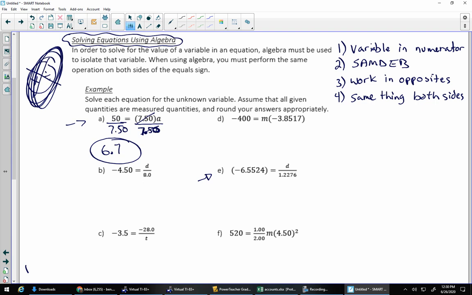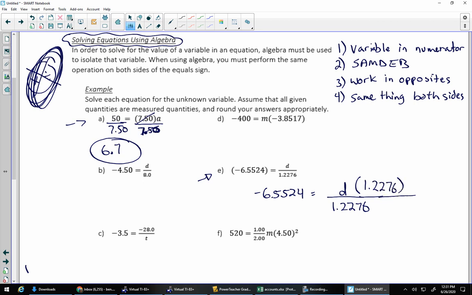I have a feeling I'm going to run out of space, so I'm just going to rewrite this. Negative 6.5524 is equal to D over 1.2276. I am dividing D by 1.2276, working in opposites. If I multiply by that number, I should be able to move it.